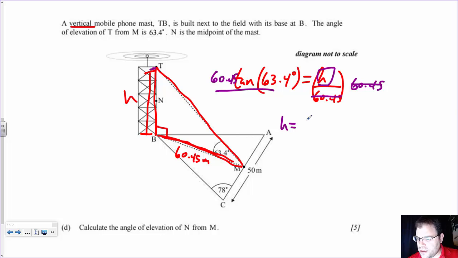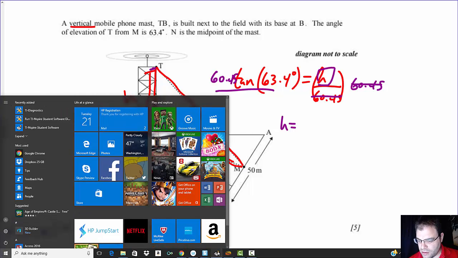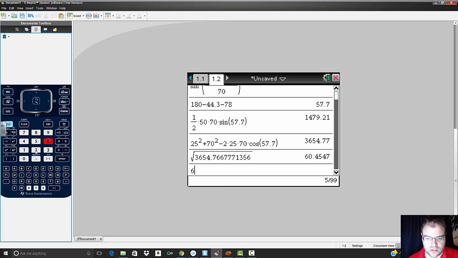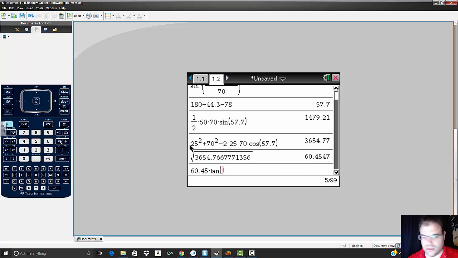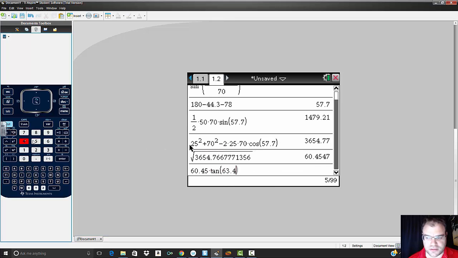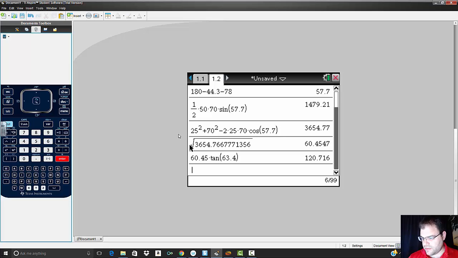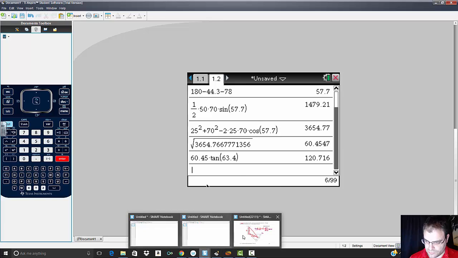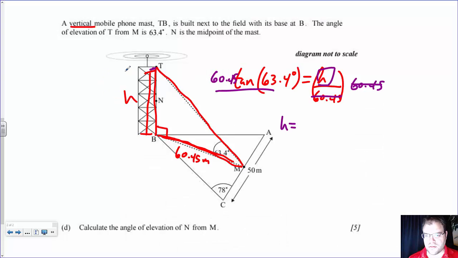All right, h then is going to equal, let's get the calculator out, 60.45 times the tangent of 63.4. So that's going to be 120.7, about meters. So this unknown height here is actually 120.7 meters.